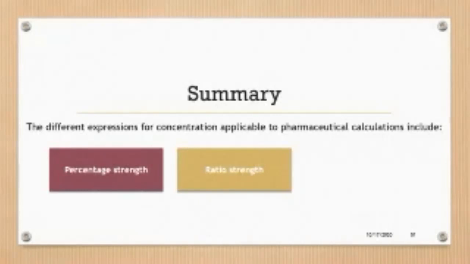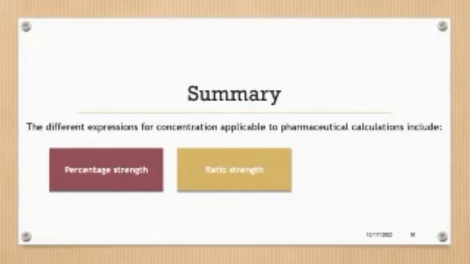But in terms of weight in volume, it is the amount of grams per volume. And it is written in ratio form, say 20 to 100, but we often like to express it in its simplest form, and 20 to 100 would be 1 to 5, which indicates that 1 part is contained in 5 mils in terms of weight in volume.